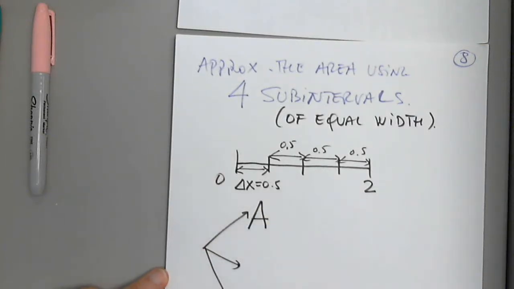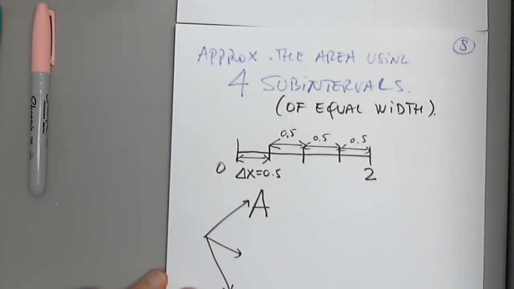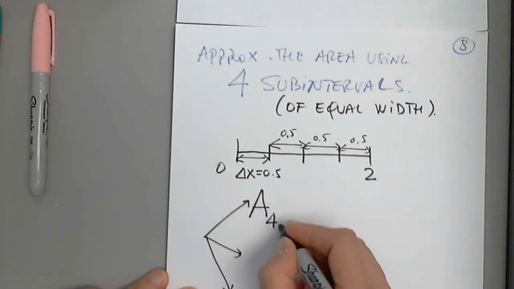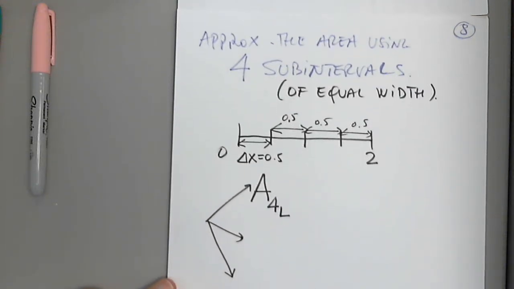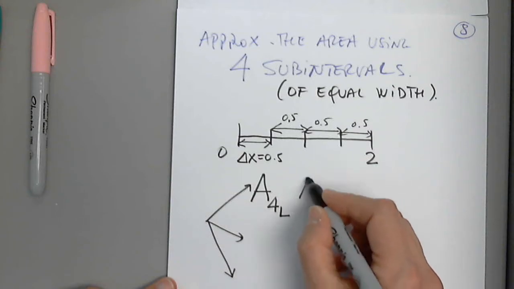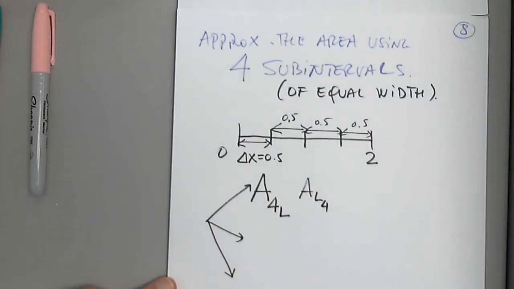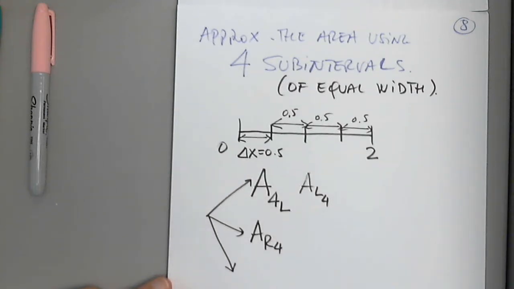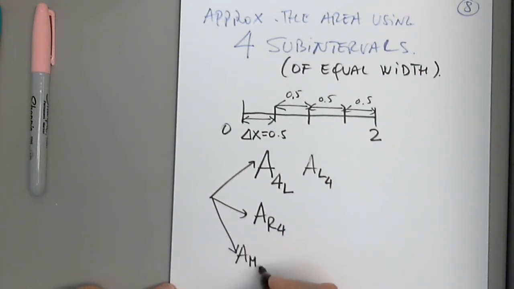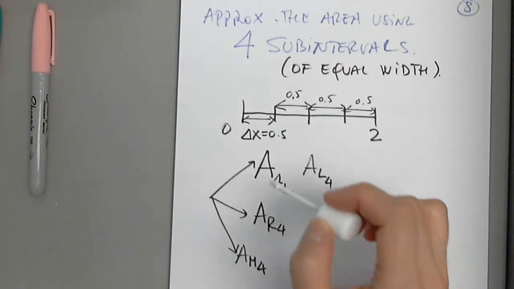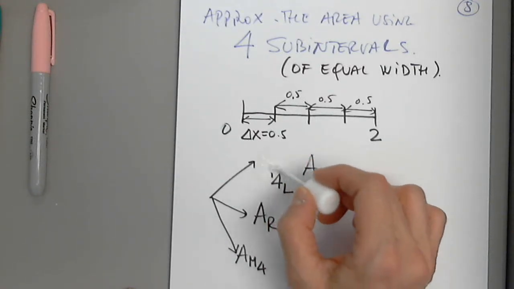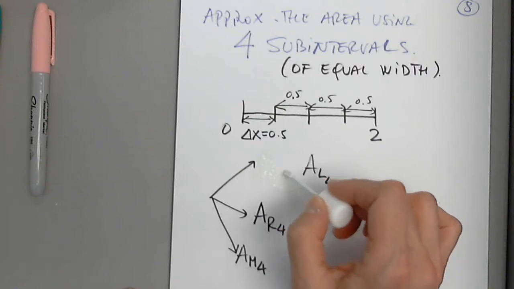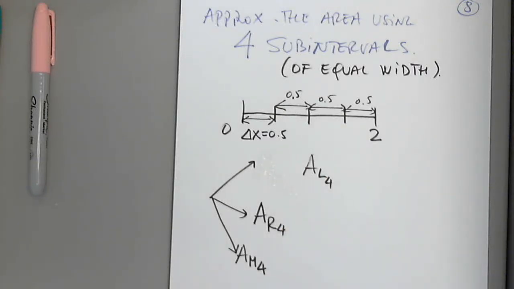The area with 4 subintervals, A L4 (in some books it's L4), A right 4 and A mid 4. Let's stick with that. We don't have to denote it in any way, shape, or form. We can just write what it is, but I think the notation is self-explanatory.